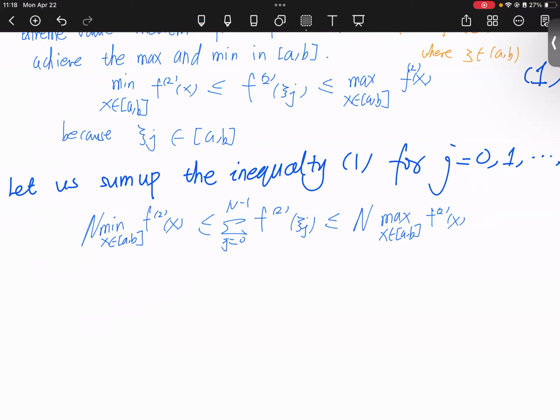On the left hand side, the leftmost term has n items of minimums, divided by n, and we get the minimum. The middle term divided by n, and the rightmost part: we divide the right terms by n, and we get the maximum.